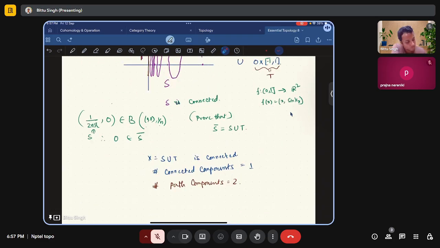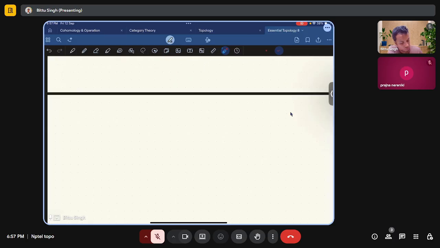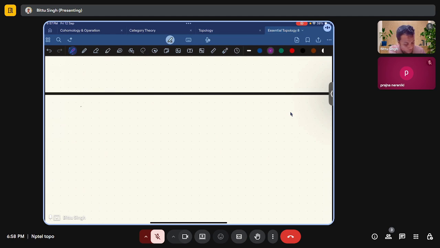Okay, so let me define a few notions, that is, locally path connected and local connectedness. So instead of writing individually, I will write in the same definition. So locally path connected or connected. So remove the part path.